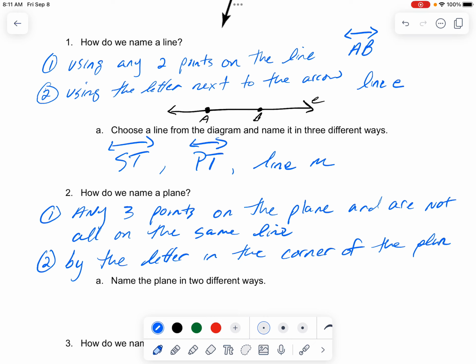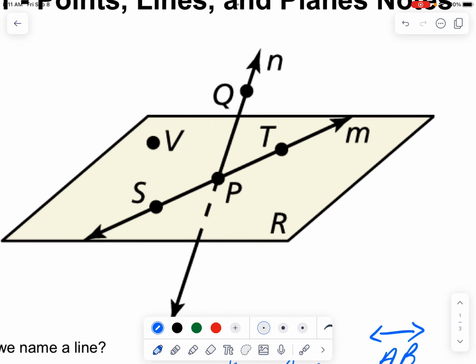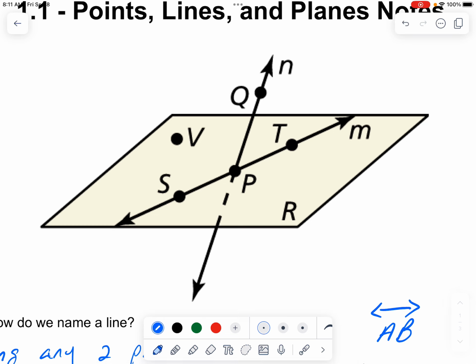Now this is a place where I would recommend that you pause and try this on your own, because there are very few examples in this. So when I show you an example in part A, that's going to be it. The way that we could name this: any 3 points on the plane, not in the same line. I could call this plane STV.